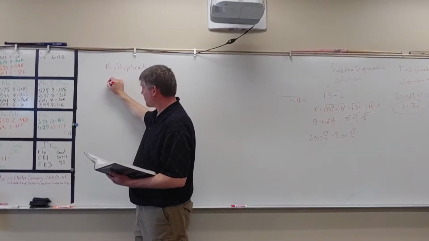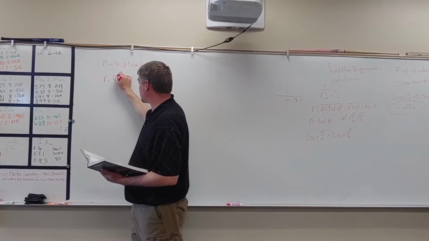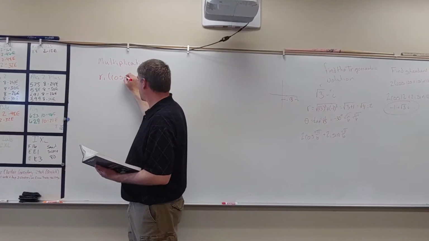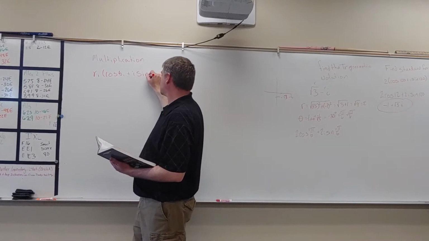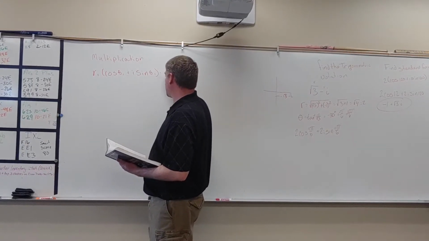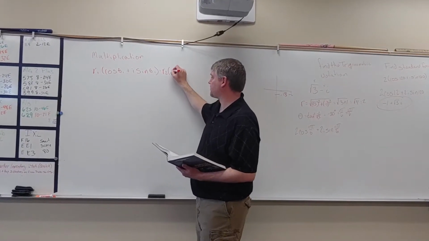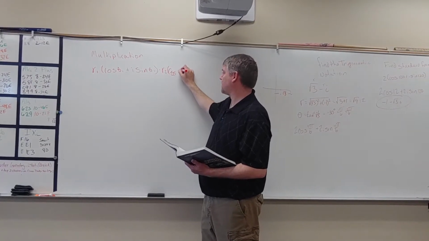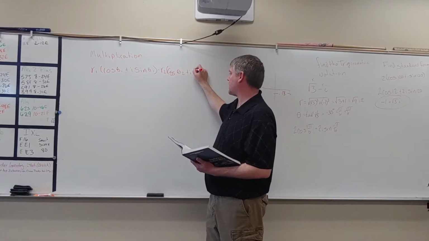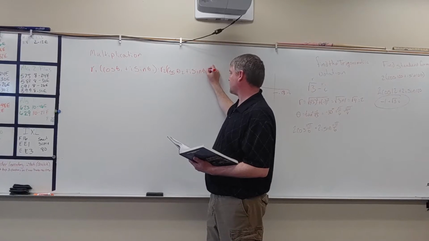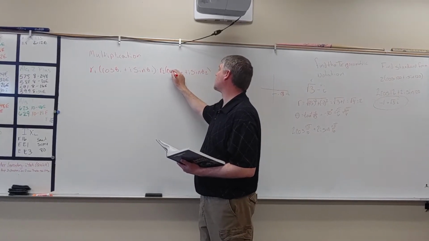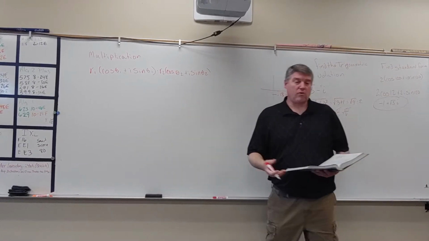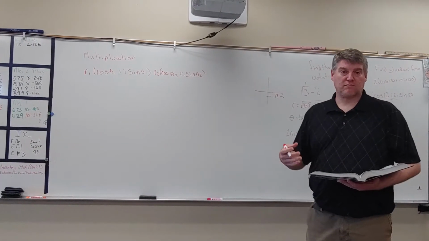If I have R1 cosine of theta 1 plus I sine of theta 1 times R2 cosine of theta 2 plus I sine of theta 2, I want to have a nice, easy product here.